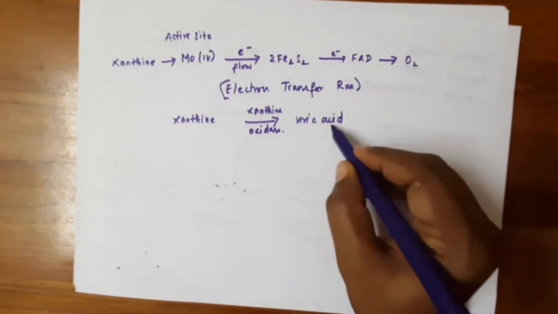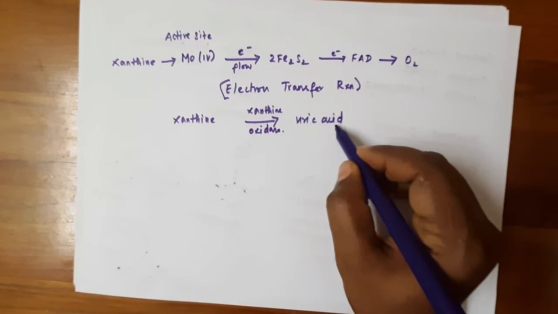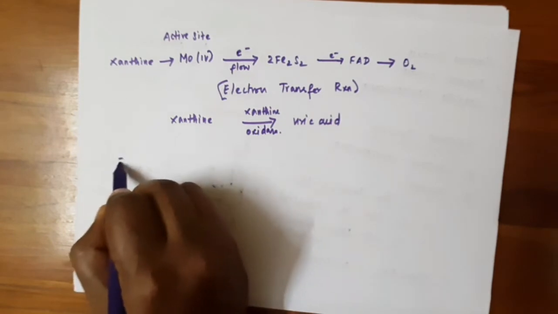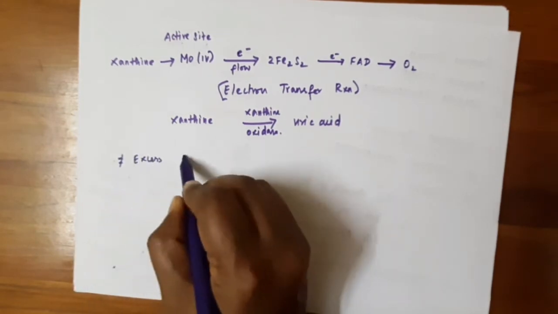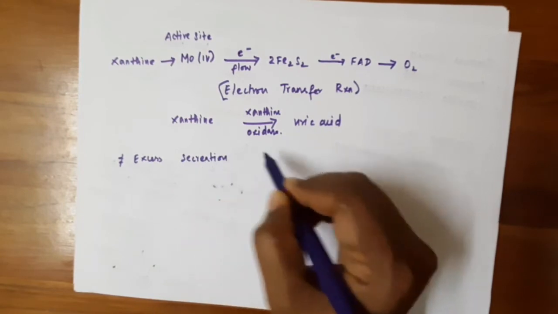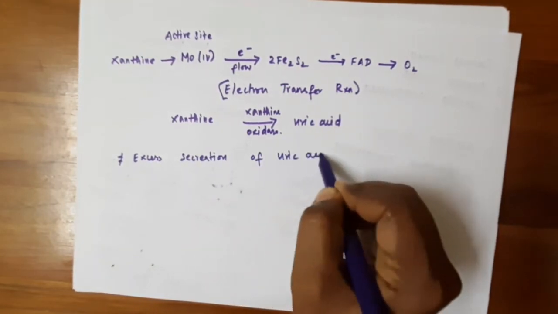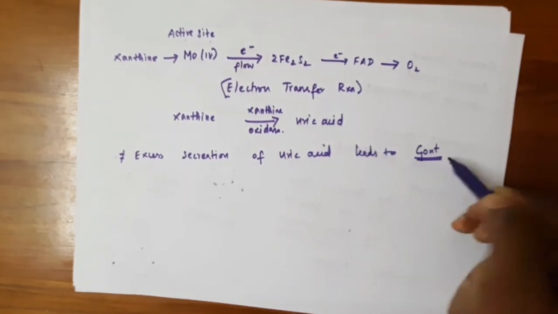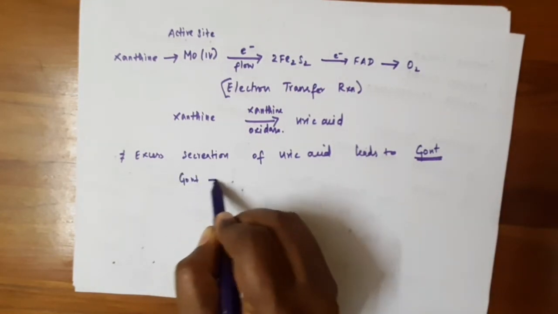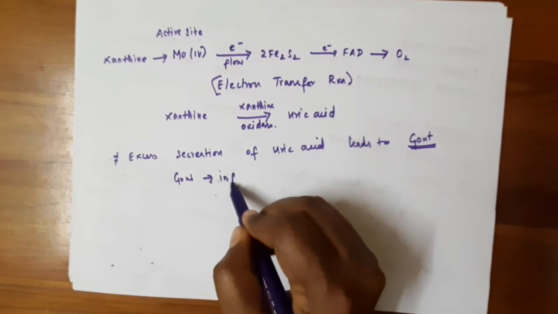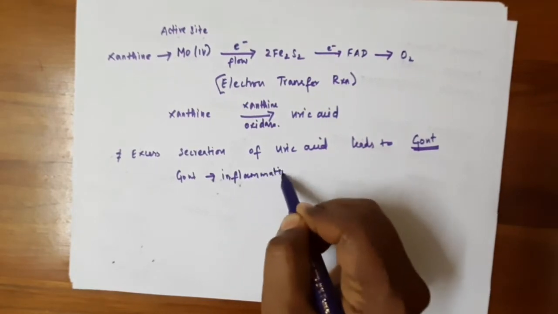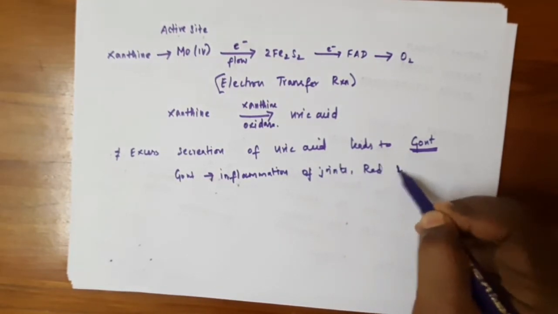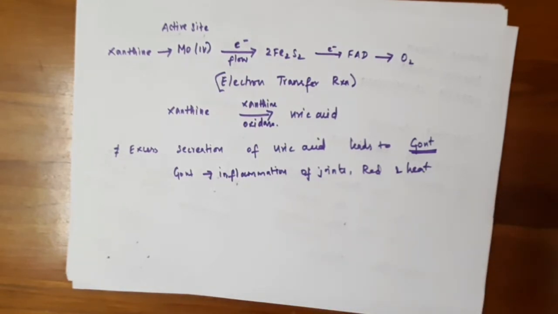If uric acid is produced in excess amounts, it leads to gout. Gout is an inflammation of the joints, with redness and heat around the joints.